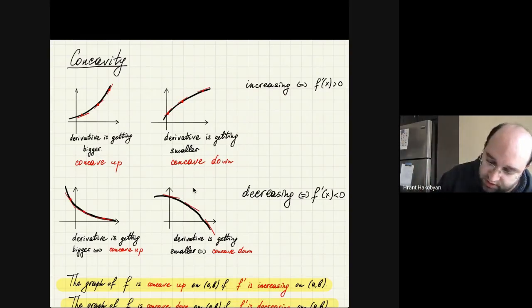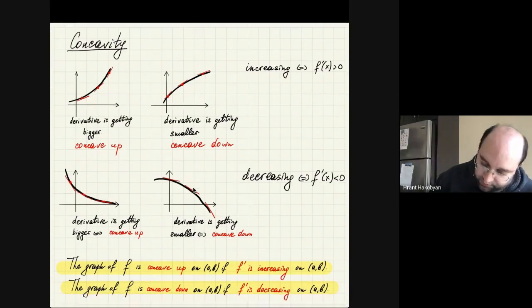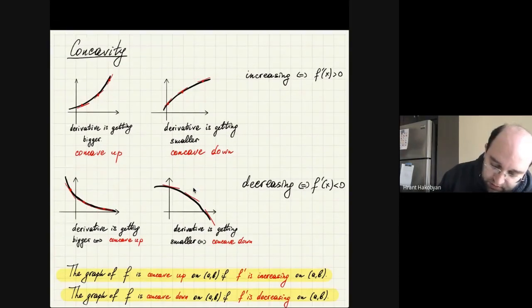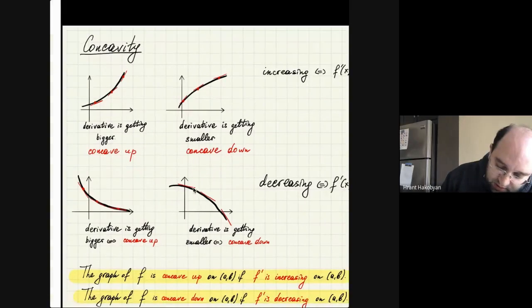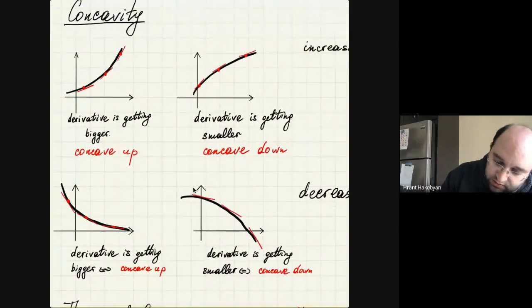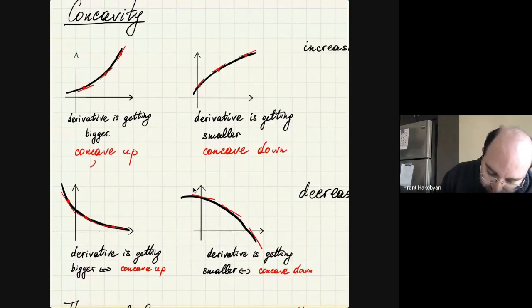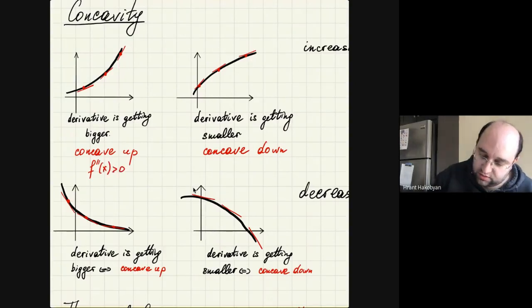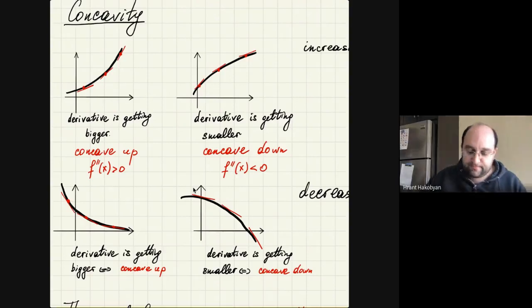So let me just write it. Concave up means that the second derivative is positive, and concave down means that the second derivative is negative, right?